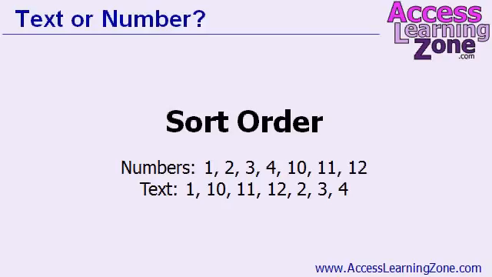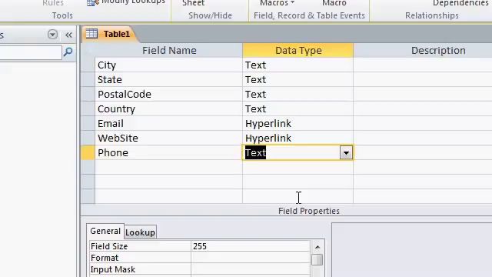Numbers are always sorted numerically, whereas text values are sorted alphanumerically. In an alphanumeric sort, for example, 10 comes before 2. We'll talk a lot more about this later on when we get into sorting. So again, knowing what we know now, we'll stick with text for our phone number field.